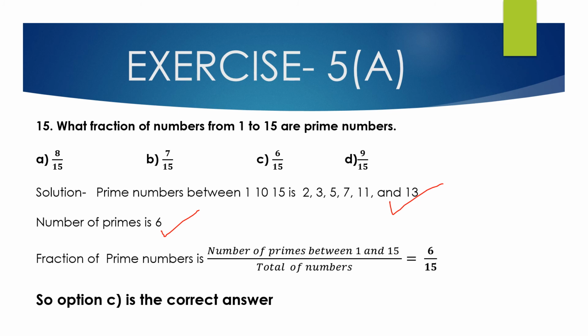We have to find the fraction of numbers from 1 to 15 that are prime. So the fraction is the number of primes between 1 and 15, which is 6, divided by the total numbers, which is 15.